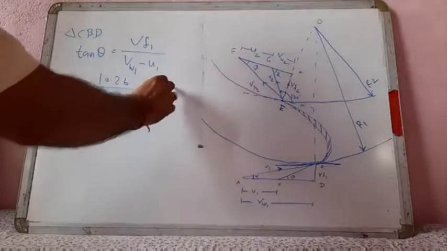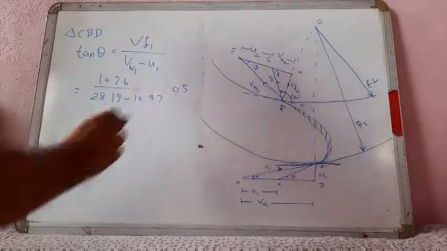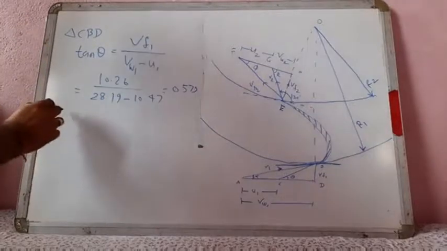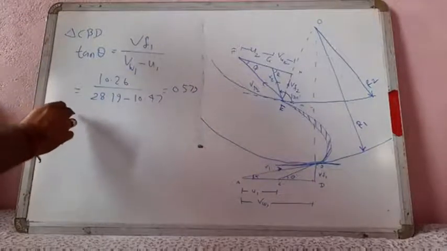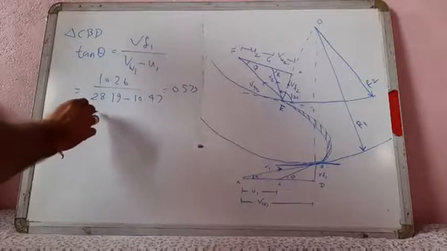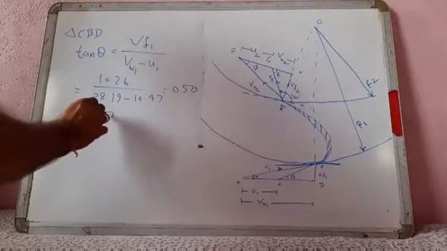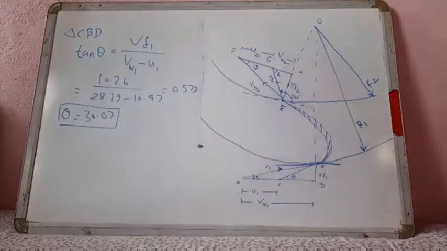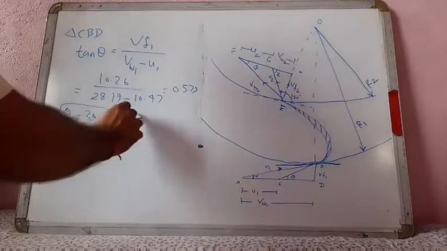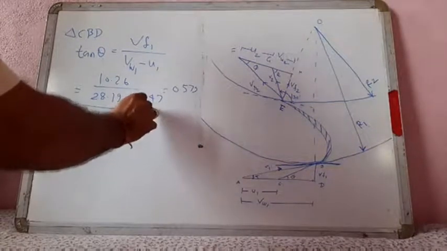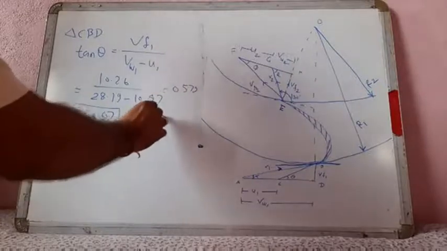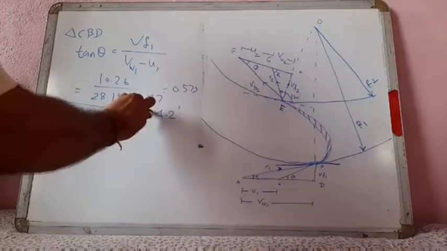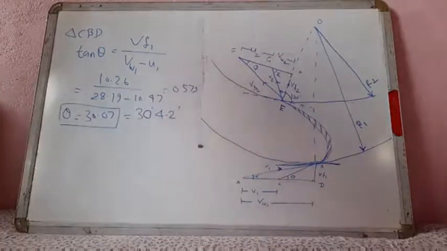So this comes to 0.579. So the value of theta comes to 30.07 degrees, or it can also be written as 30 degrees 4.2 minutes.